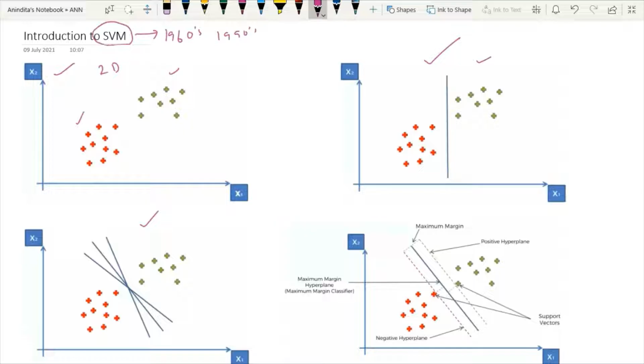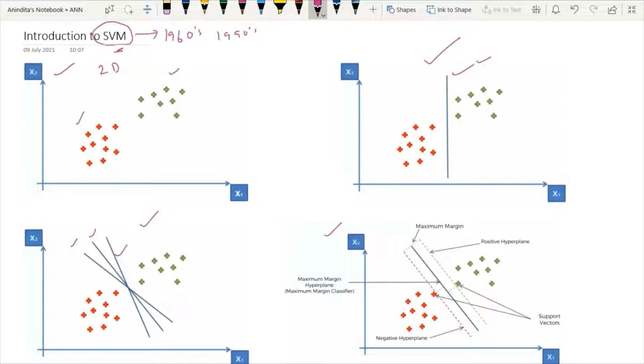For that purpose, we will use the concept of support vector machine. Look at this picture. It is a very important concept. SVM tries to find the best line or the best decision boundary that separates a given space into classes.